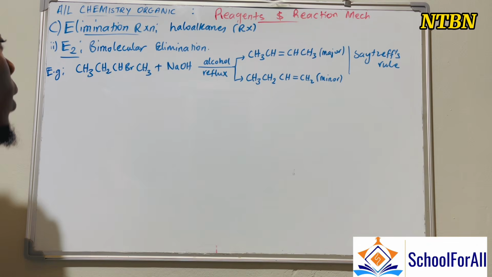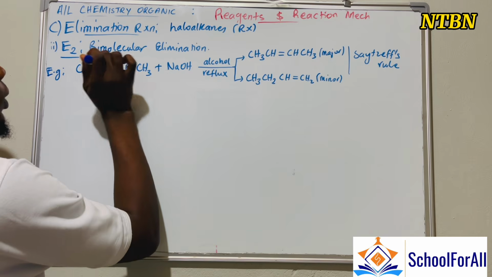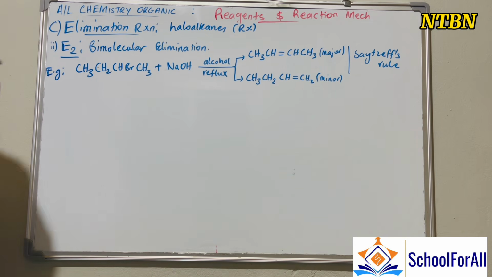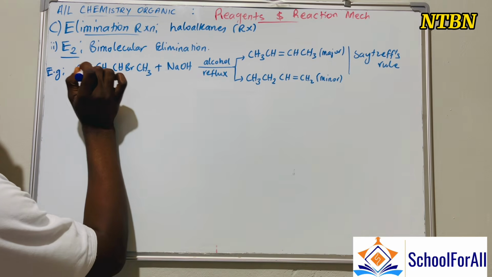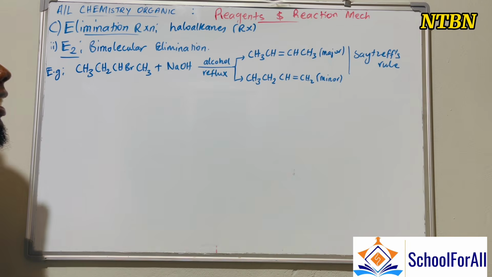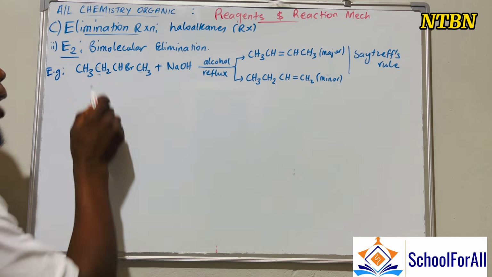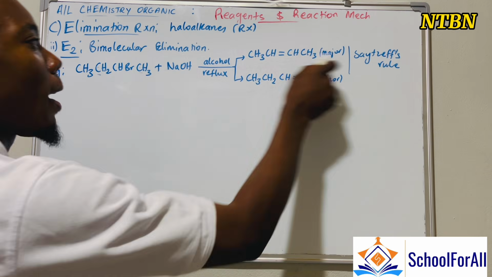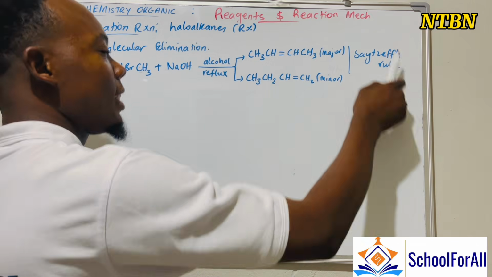So when you look at the carbons close to the carbon having the bromine, this carbon has only 3 hydrogens, while this carbon has 2 hydrogens and is substituted. That makes this carbon more substituted than this carbon. So since this carbon is more substituted, I will remove a hydrogen from it for my major product, and this one will be my minor product. So that is what Zaitsev's rule says.